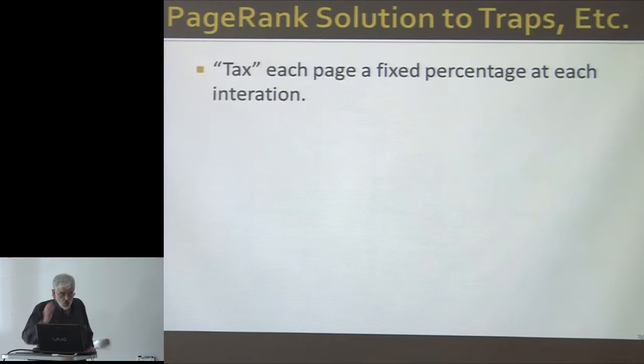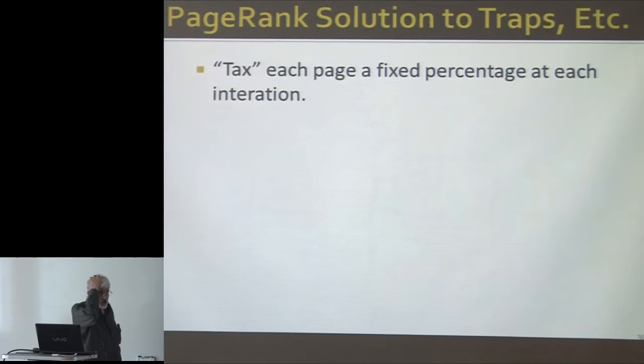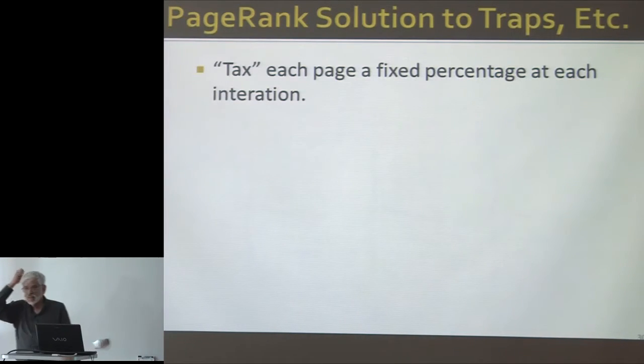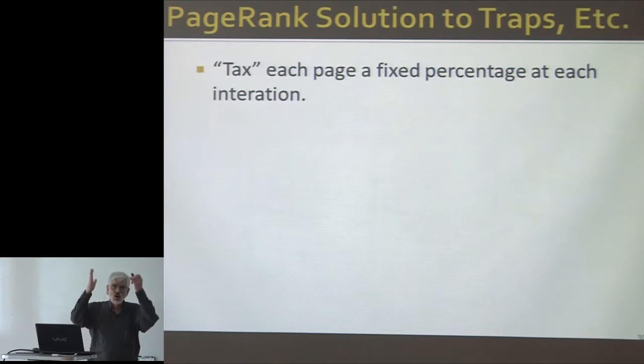Okay, so when Brin and Page first implemented PageRank, they were aware of these problems, so they didn't exactly do what I suggested, start with a vector v and then keep multiplying by m times m times m times m.